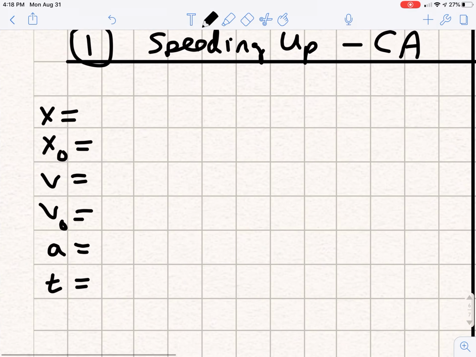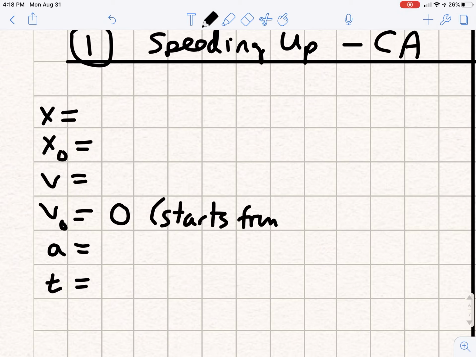Now we go back and we reread the first part of this problem. It tells us a truck starts on a straight road from rest. Anytime you see the phrase from rest, starts from rest, that indicates that the starting velocity, the initial velocity, is 0. And accelerates at 2 meters per second squared.